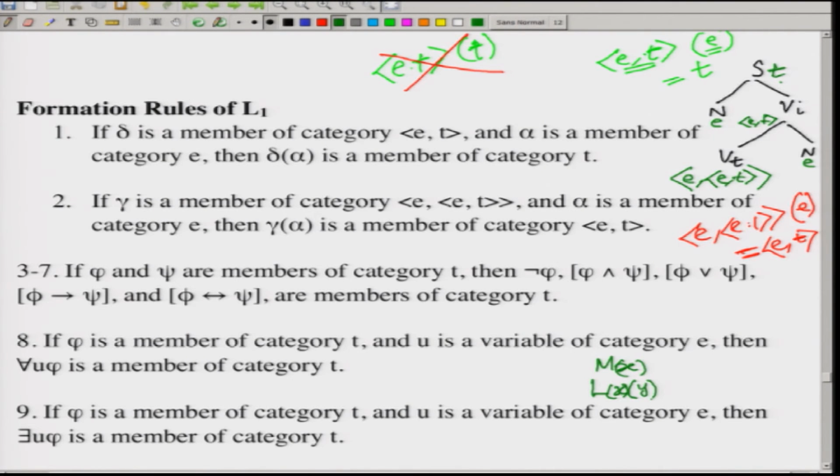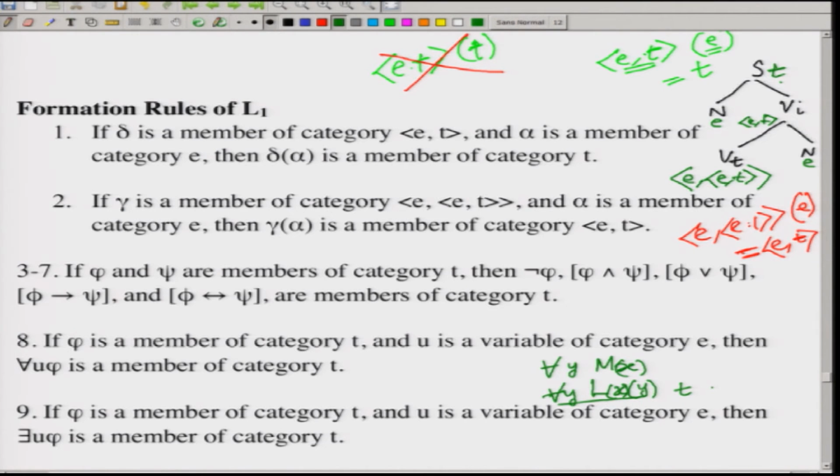And then if u is a variable, say y, so all y Mx is a formula, and all y Lxy is also a formula, but more than that, it belongs to the category T. That is, it belongs to the level where a statement belongs. We are not saying that these are statements, but they belong to the same category as the statements do. Now, these are all T.